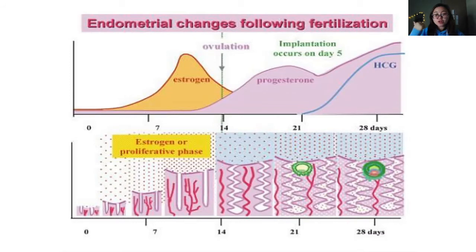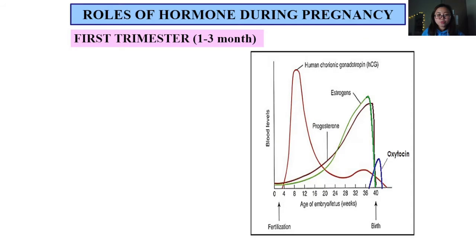Last but not least, we'll also use this diagram right here, which maps out the levels of estrogen and progesterone during a cycle, as well as the thickness of the endometrium corresponding to the levels of hormones. Now, let us continue with the lesson and look at what happens in the womb during the first trimester.